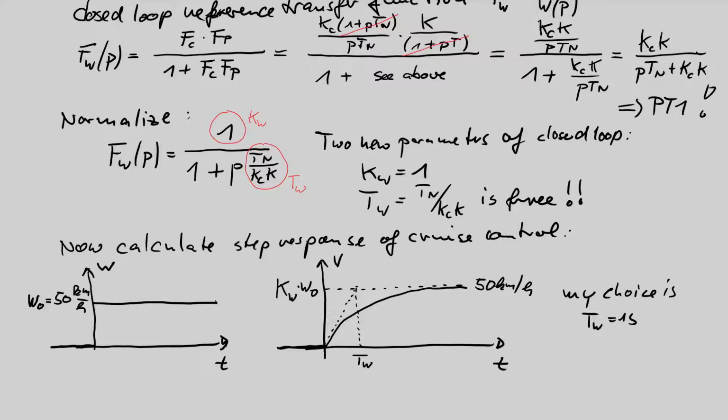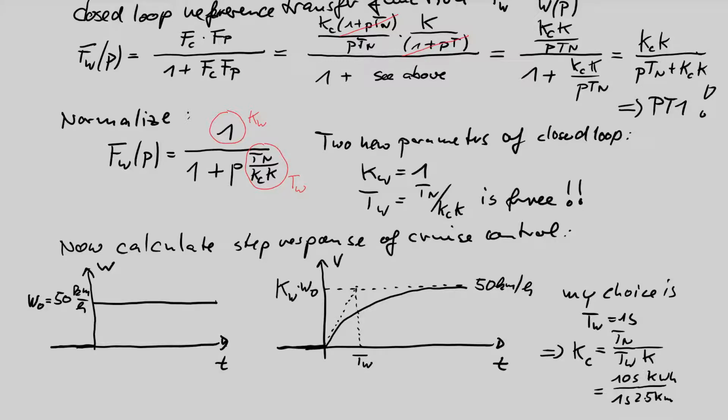Is it possible? My choice is TW, and with this choice, with my knowledge here, I can at once calculate my Kc value. Kc is Tn divided by TW divided by K. So we replace the numbers: 10 seconds divided by 1 second divided by 2.5 kilometers per kilowatt hour.